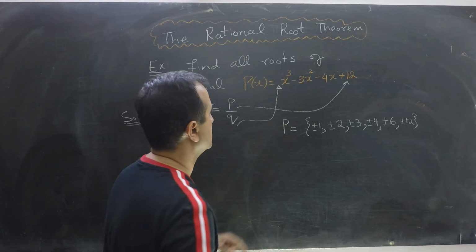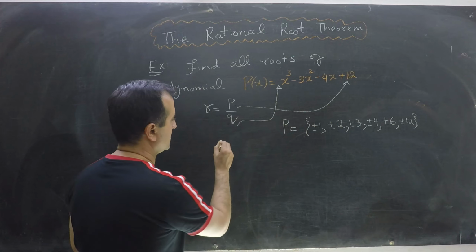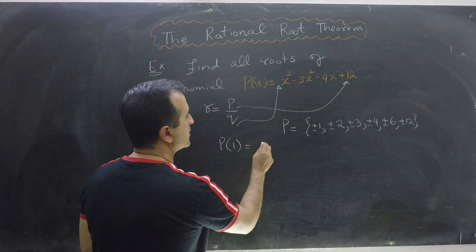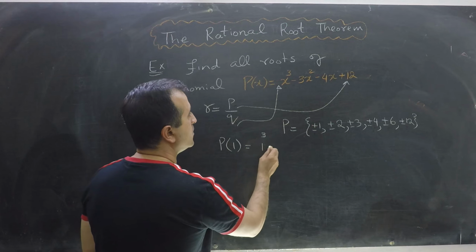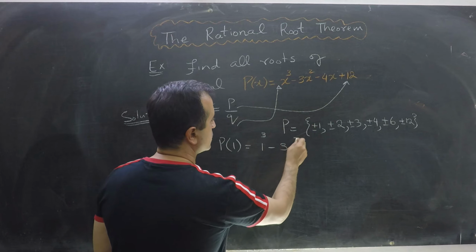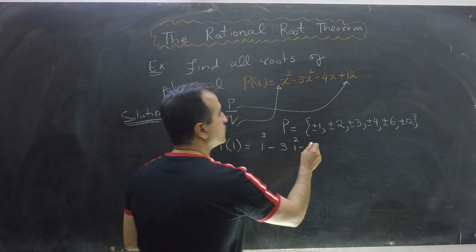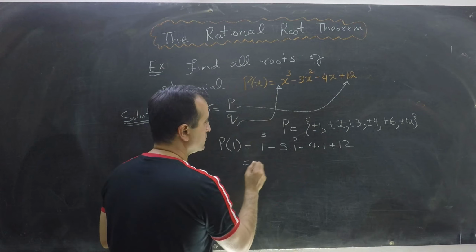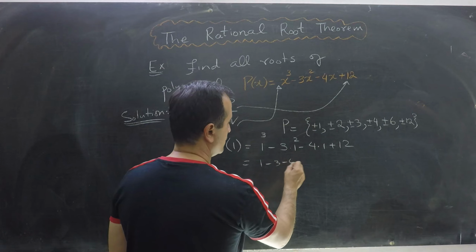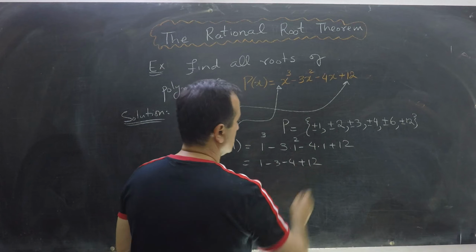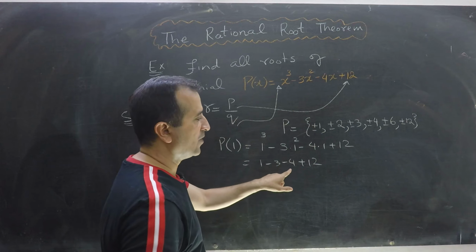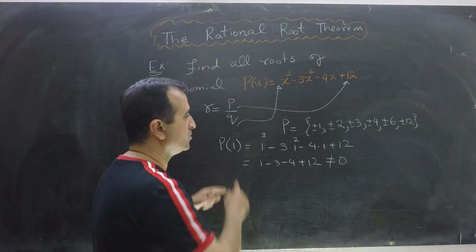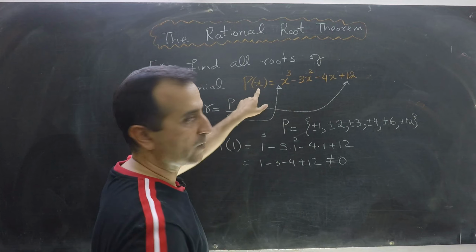Let's try 1 and minus 1 first. So p(1) = 1^3 - 3(1)^2 - 4(1) + 12. This is equal to 1 - 3 - 4 + 12, and that is in no way going to be equal to 0. 1 is not a root of this polynomial.